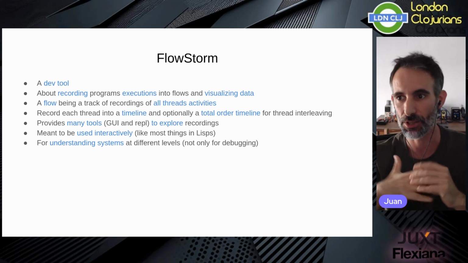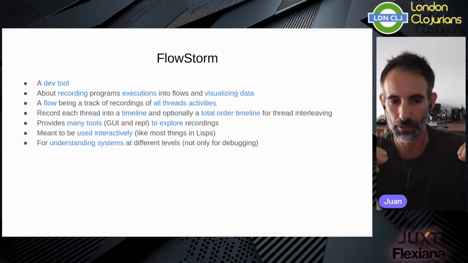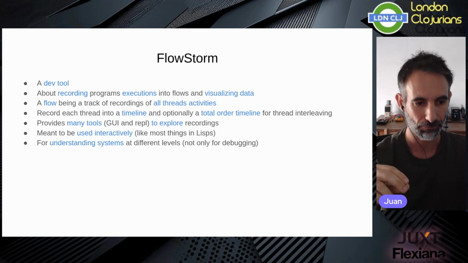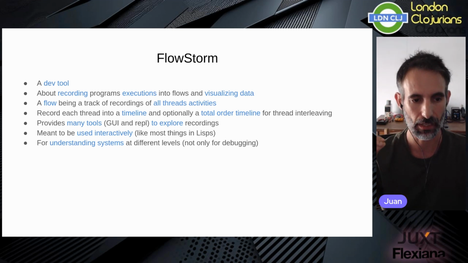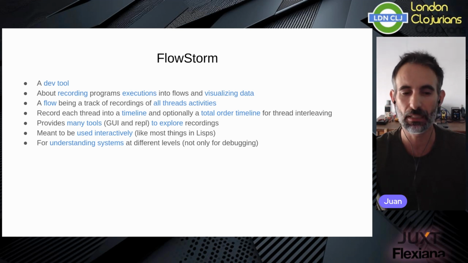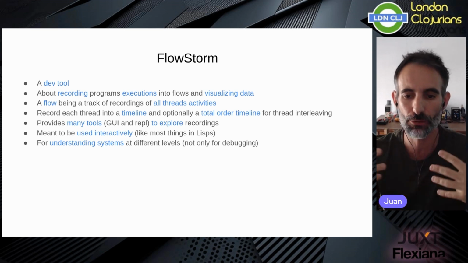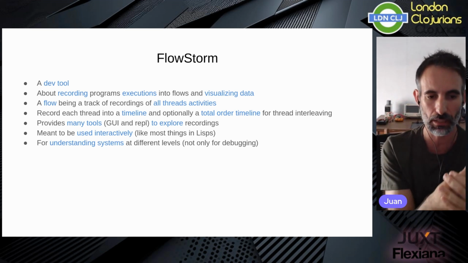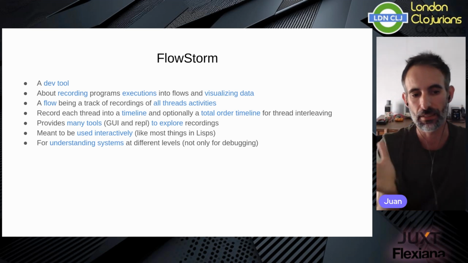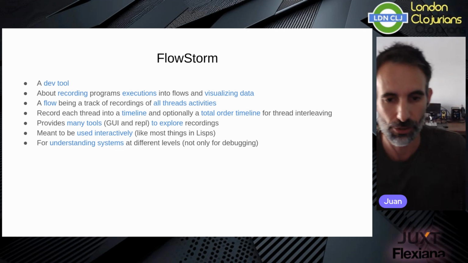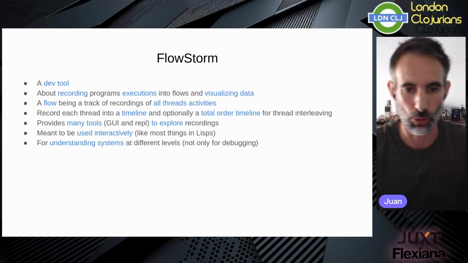It's meant to be used interactively, like most things in Clojure, like your REPL there. It's basically for understanding systems. So it's not only for debugging, it's not only for chasing bugs. It is for understanding systems at different levels, from a function to an entire code execution.